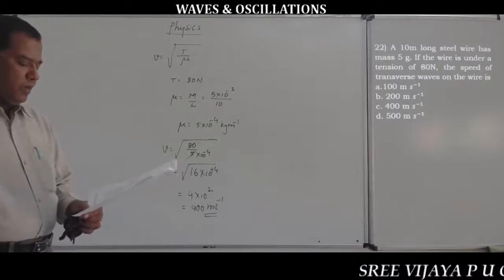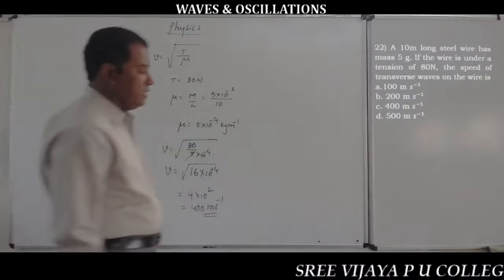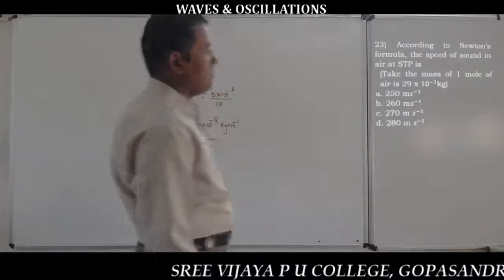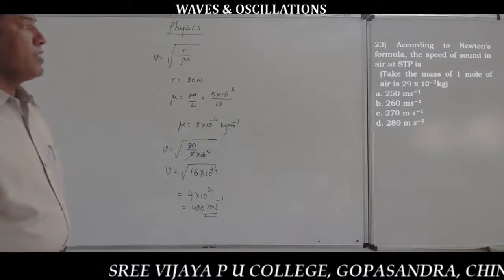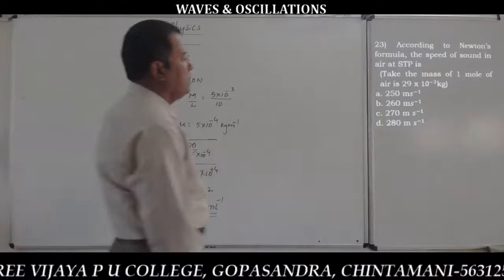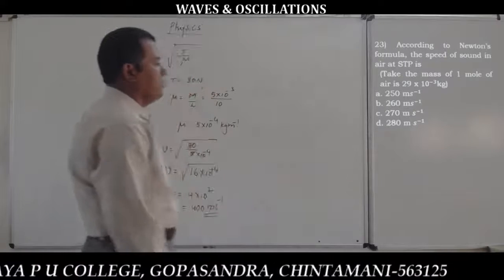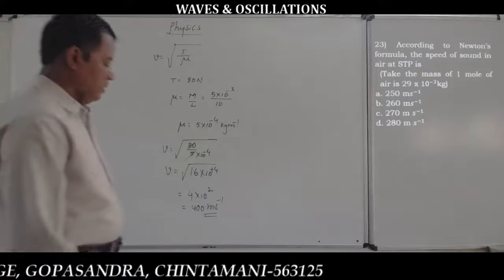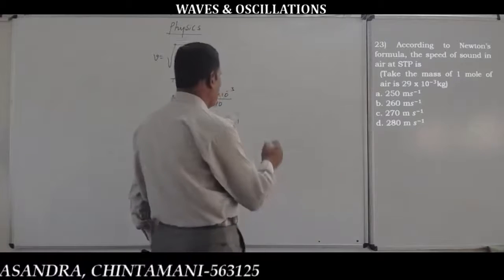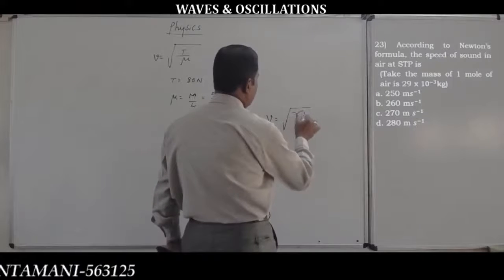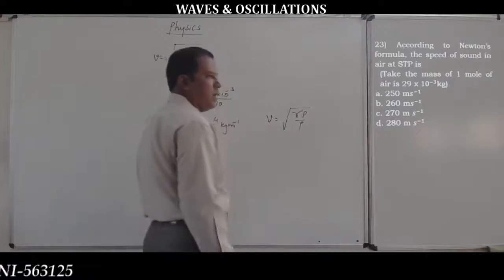According to Newton's formula, that is question number 23. According to Newton's formula, the speed of sound in air at STP, standard temperature pressure. So take the mass of 1 mole of air is 29 into 10 power minus 3 kg. According to Newton's formula, speed is given by square root of gamma P by rho.